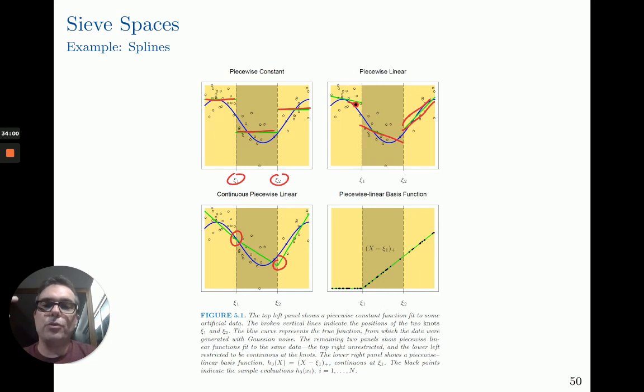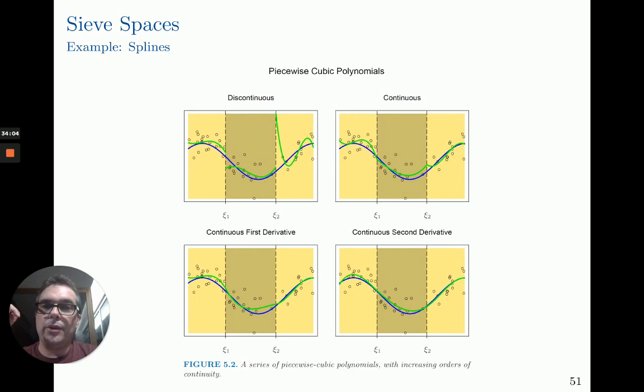So this is a kind of piecewise linear basis function. But we can do it with cubic splines, where at each part of our domain we fit a cubic polynomial. In the top left panel, you have something with no continuity restriction. On the top right panel, we have the same cubic polynomials but with continuity restrictions.